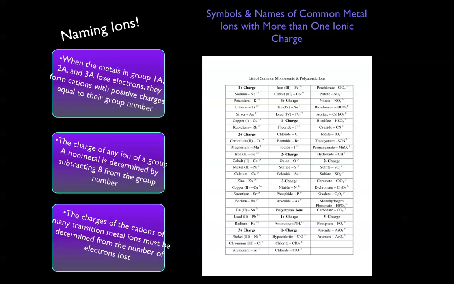This was also explained in our book and just something that is to be kept in our minds. And the charges of these cations of many transition metal ions must be determined from the number of electrons that have been lost. And these are just some symbols and names of common metal ions and more than one ionic charge. So this kind of looks like our worksheet, which we had to work through this whole week.